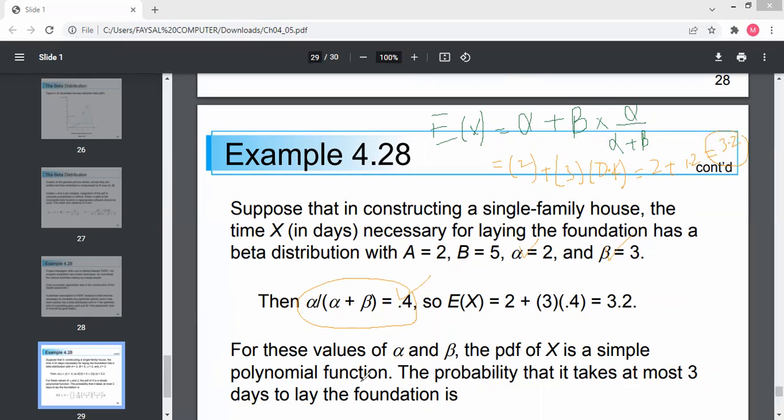For these values of alpha and beta, the PDF of x is a simple polynomial function. So the probability that it takes at most 3 days to lay the foundation is.